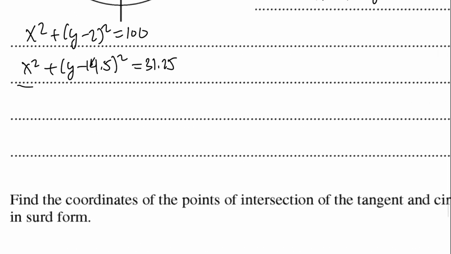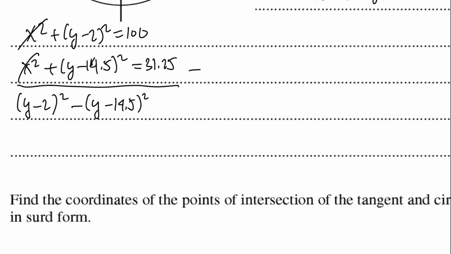So we subtract to eliminate the x because we want to find the y. So we will have (y minus 2) squared minus (y minus 14.5) squared equals 100 minus 31.25. The number is so ugly. 68.75.